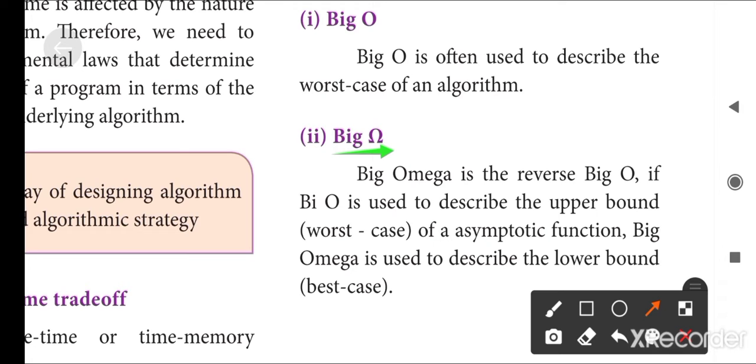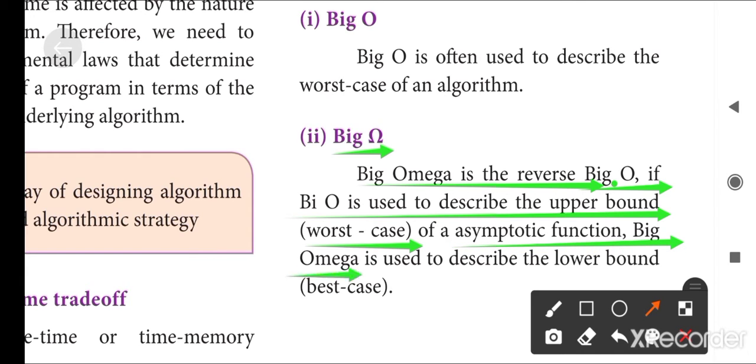The next one is big omega. Big omega is the reverse of big O. If big O is used to describe the upper bound, that is the worst case, as I already told you, big omega is used to describe the lower bound, that is the best case.